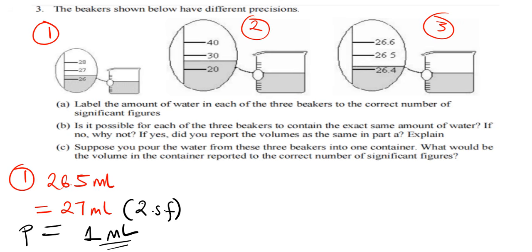We come to beaker number 2. So 20, 30, 40. The difference in terms of precision, how the values are close to each other, is around the nearest 10 mu's, right? So let me just write the precision in advance, around 10 mu's. Now the scale is showing 20, 30 and 40.